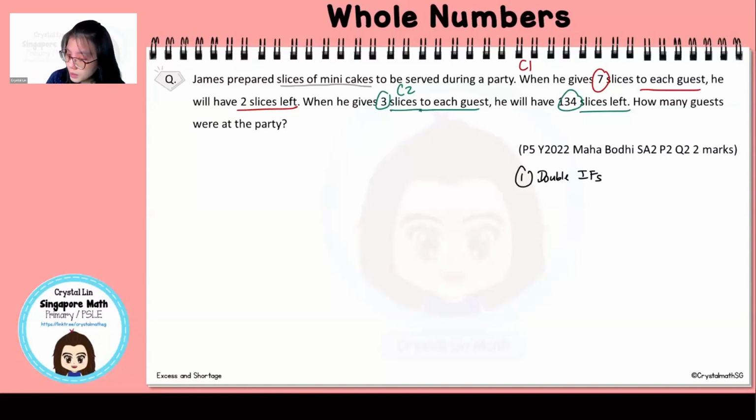So the 2 cases, there's 2 slices left, 134 slices left. Left and left is the same as excess and excess. Like what I said just now, double if, so it did not happen. Total number of cakes is the same.